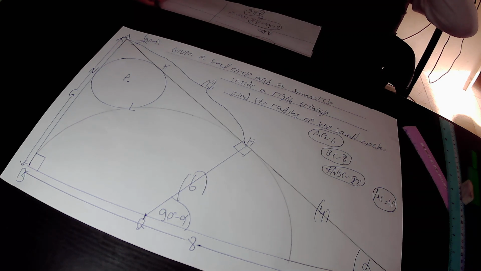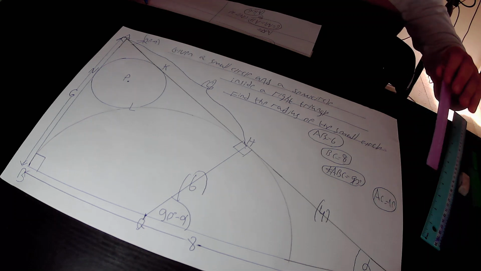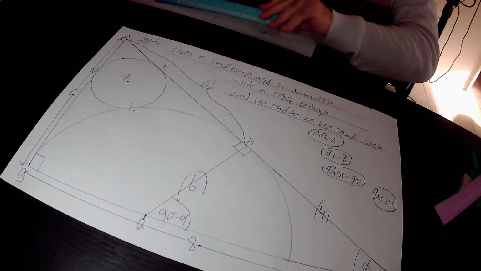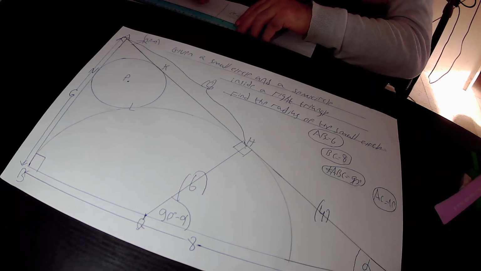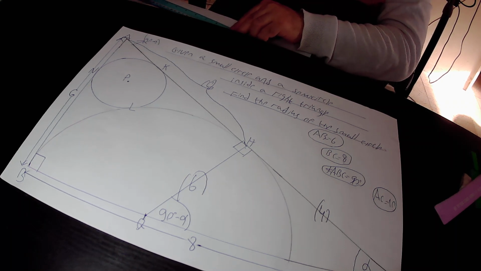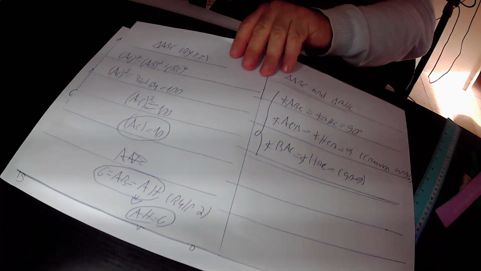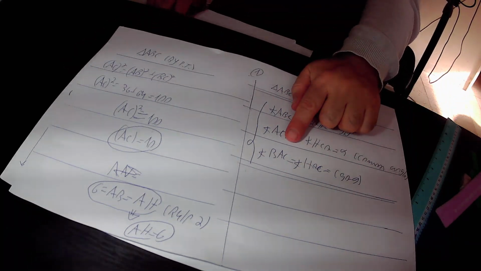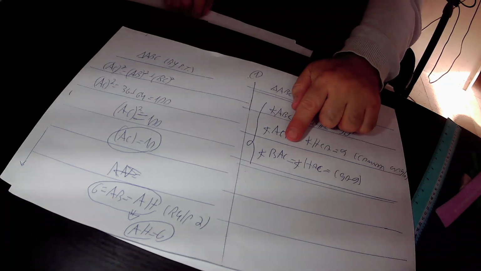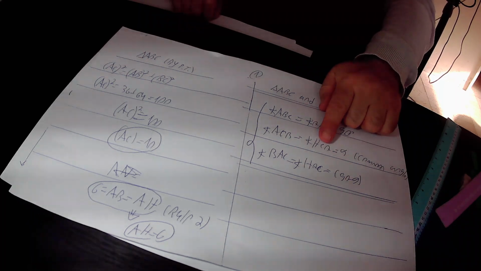And the small right triangle HCQ. So repeat again. We actually found out that angle BAC in the big right triangle ABC equals angle HQC in the small right triangle HCQ.